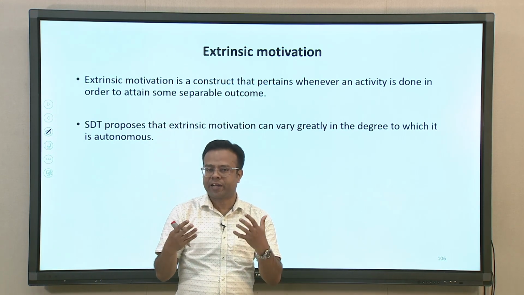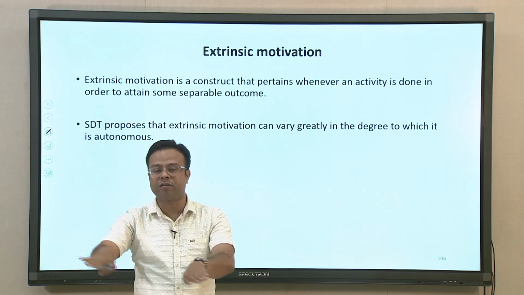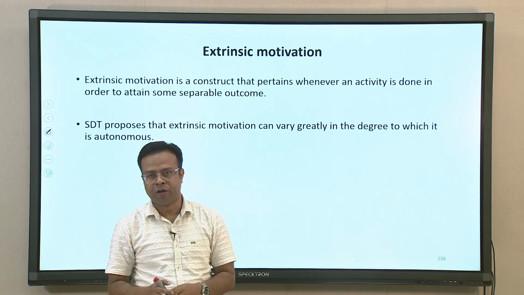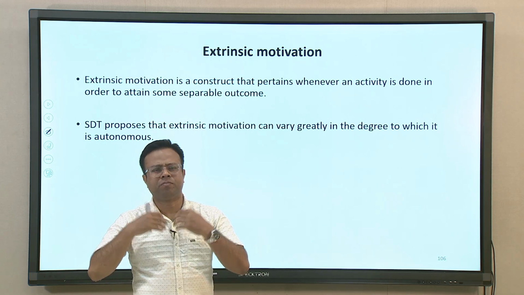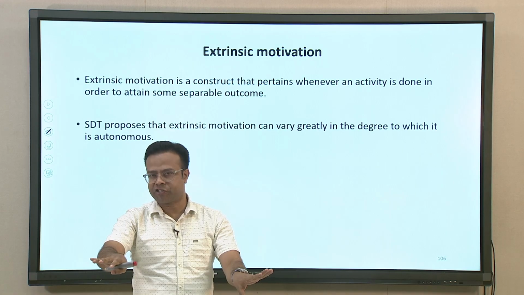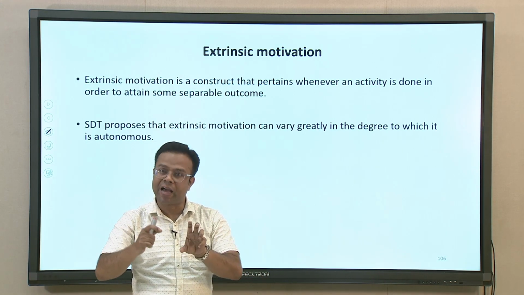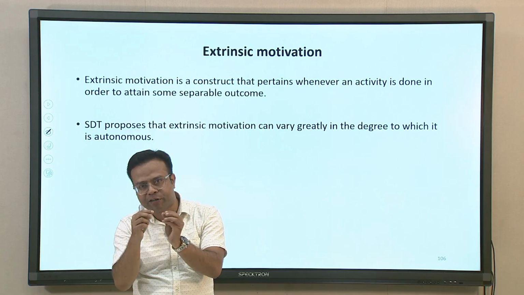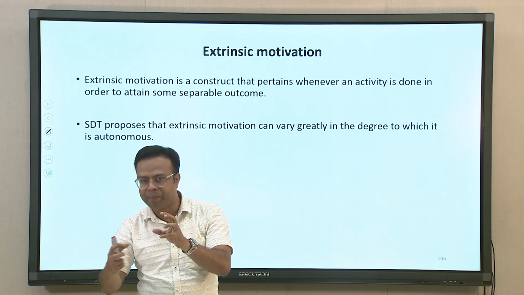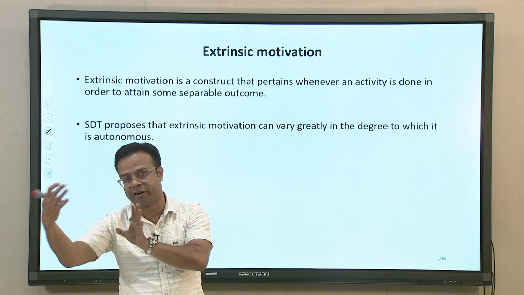Self-determination theory proposed that extrinsic motivation varies greatly in the degree to which it is extrinsic. We do hundreds of activities, and all these activities may be extrinsically motivated, but still they are not all the same. Some may be highly extrinsic, some may be a little bit extrinsic, and in some there may be some kind of internal motivation, some combination with external motivation.